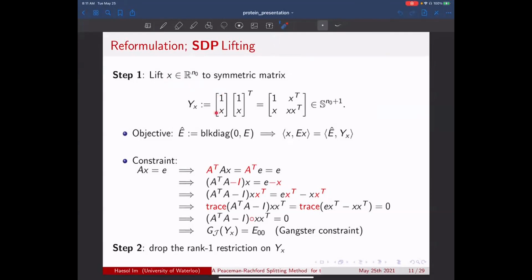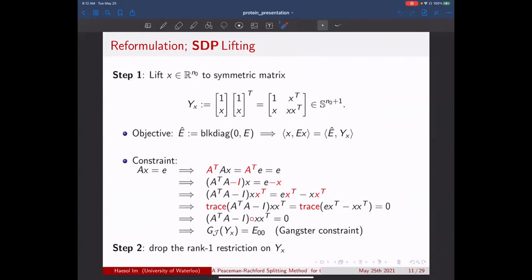Then we form this vector of length N0 plus 1 and take an outer product and work with this rank 1 matrix. So our variable is no longer living in a space of N0 coordinates. It's now symmetric matrices of order N0 plus 1.